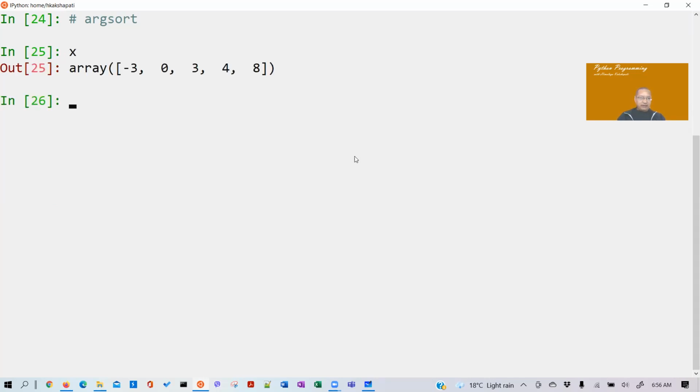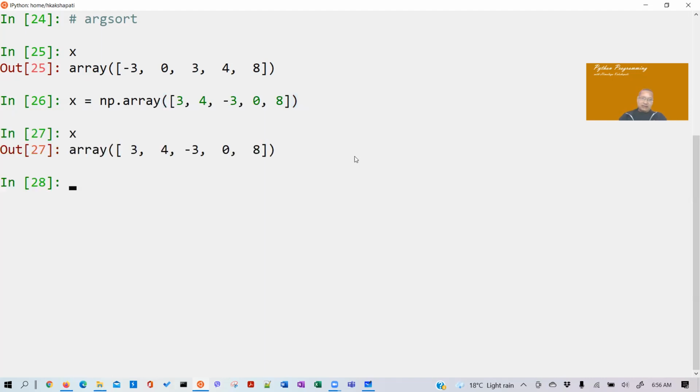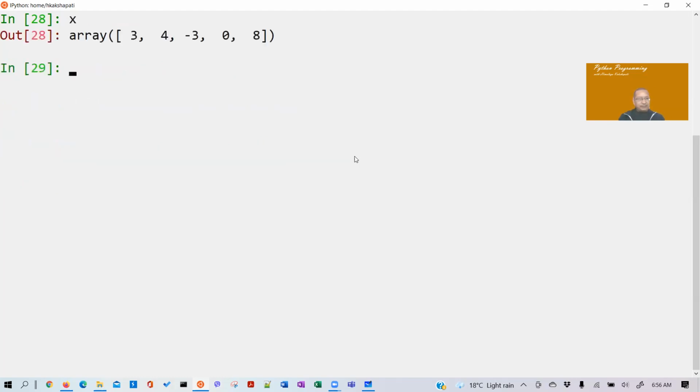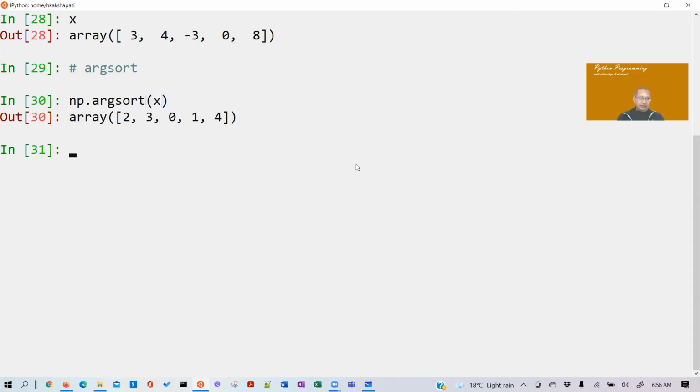Actually, we changed x, so let's go back to the unsorted x. So we need to use argsort: np.argsort and x with that. What did it give you? It gives you the indices. Let's quickly show you.